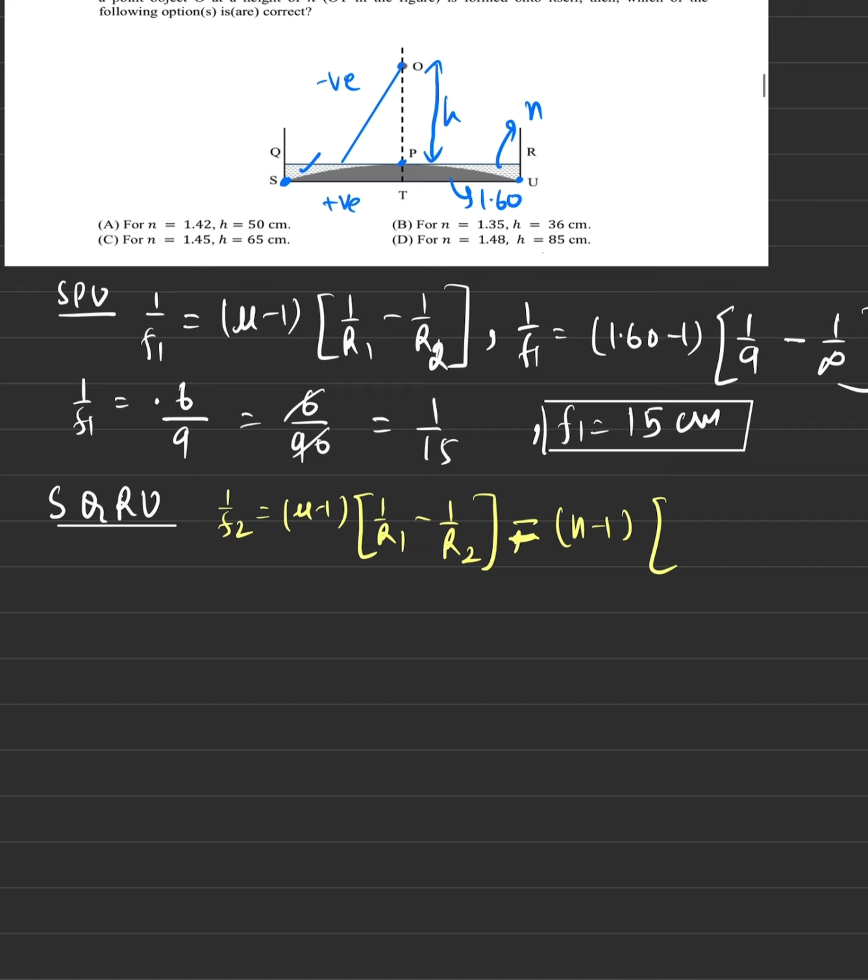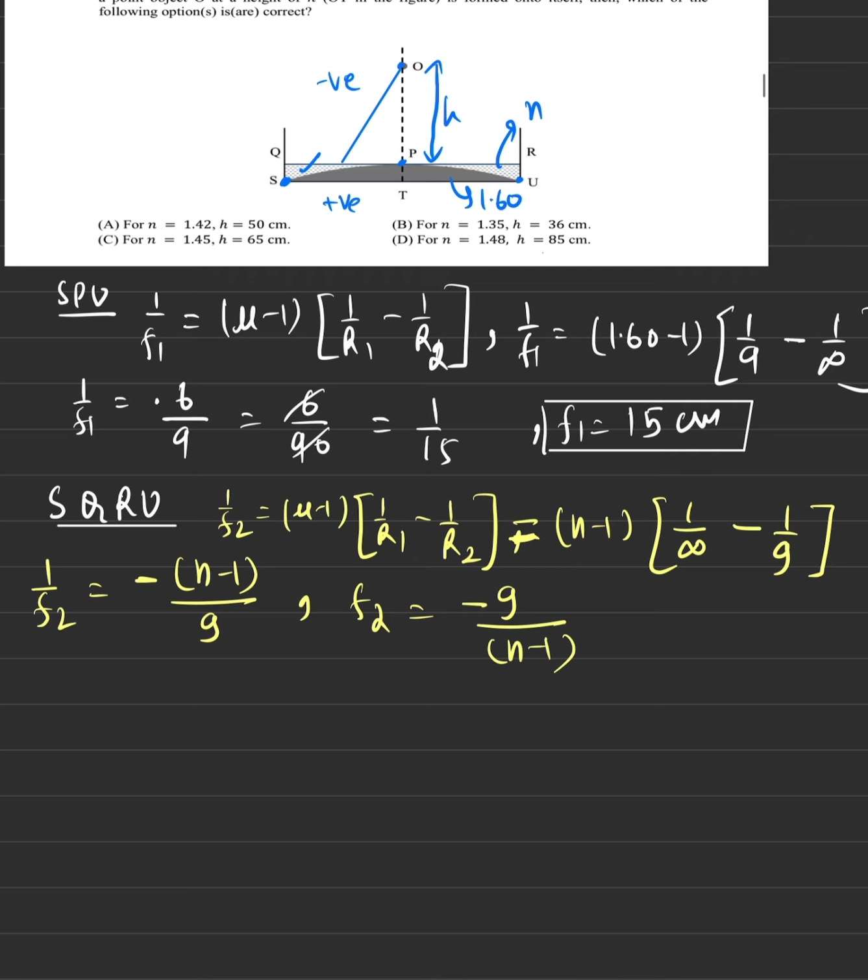QPR is the plane surface, hence the refractive index is N and 1 by r1 is 1 by infinity, minus 1 by 9 for the value of r2. So here we find the value of 1 by f2 becomes (N minus 1) divided by 9, and the value of f2 is 9 upon (N minus 1).